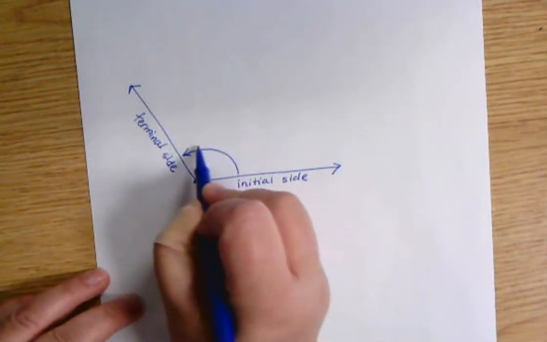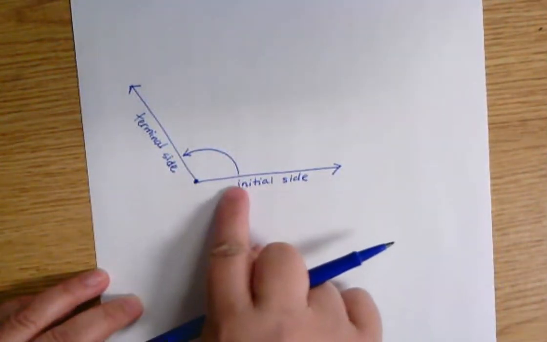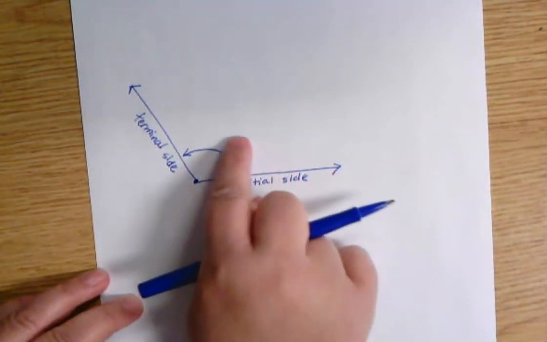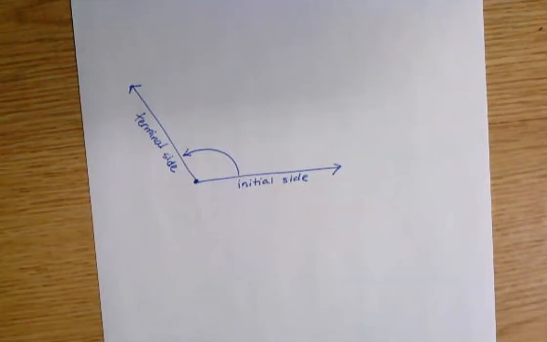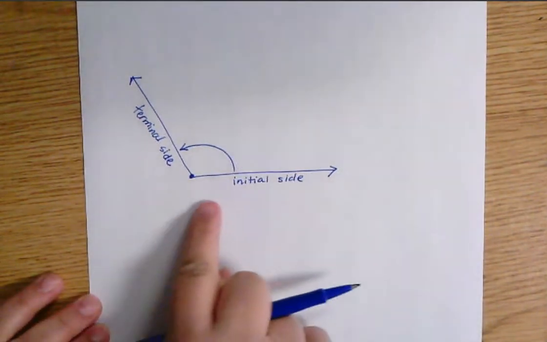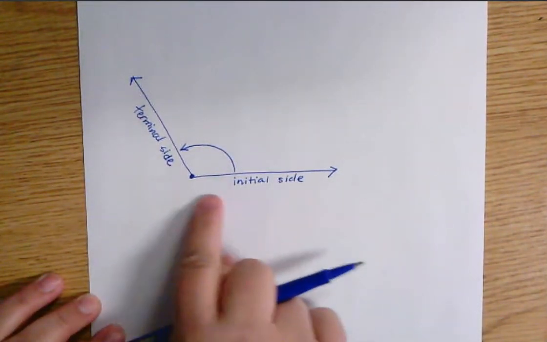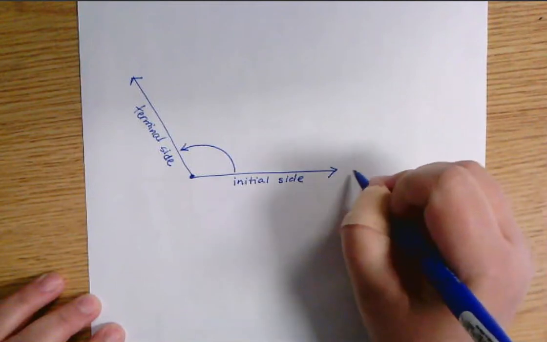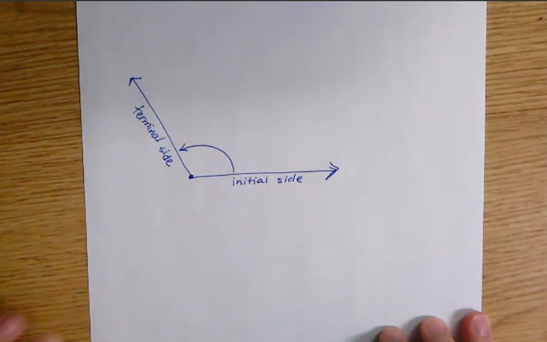So this would be my angle of rotation, starting on my initial side and rotating to the terminal side. Most often when we're talking about rotational angles, the initial side is pointing to the right, over in this direction.